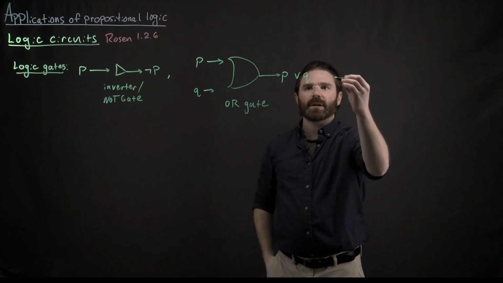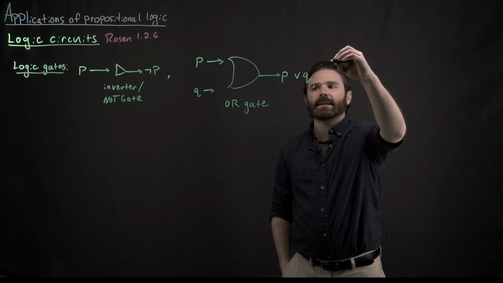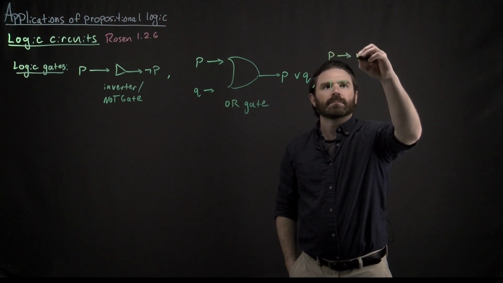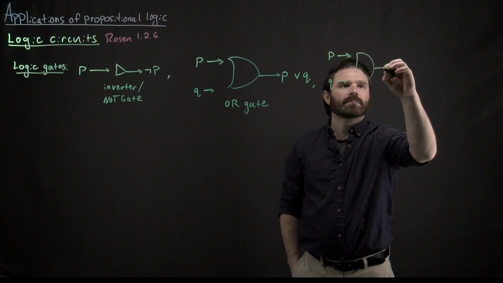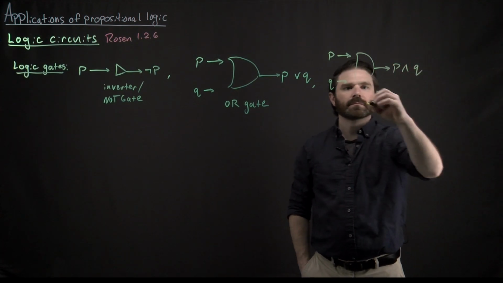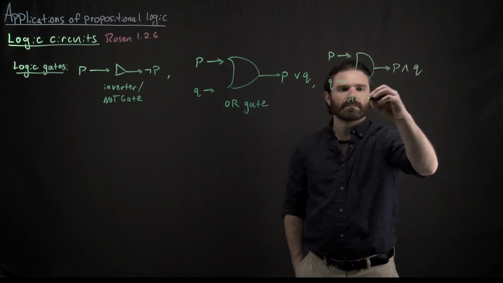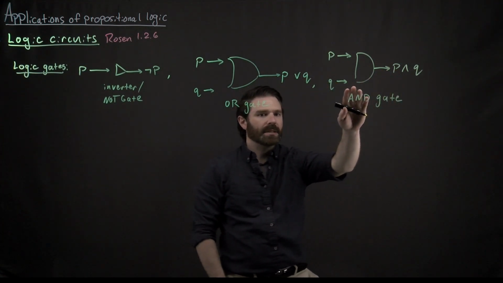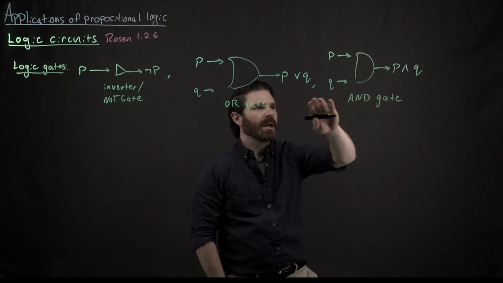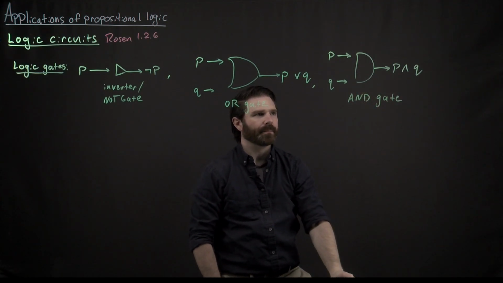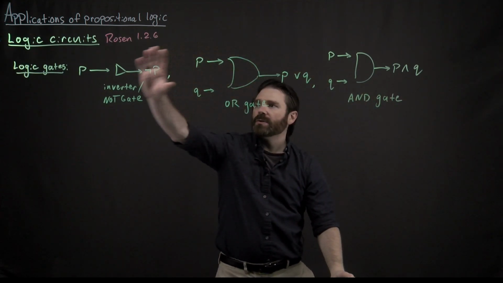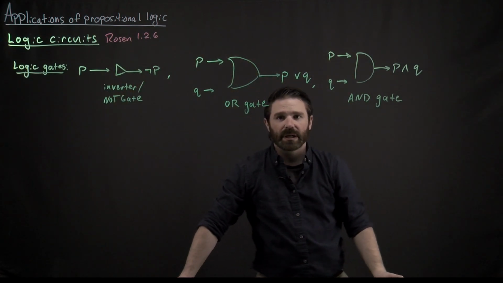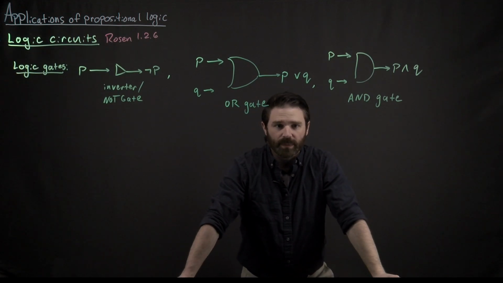And our very last logic gate is going to be an AND. And that right there is a diagrammatic representation of an AND gate. And so using these diagrams right here, we can represent different compound logical expressions.